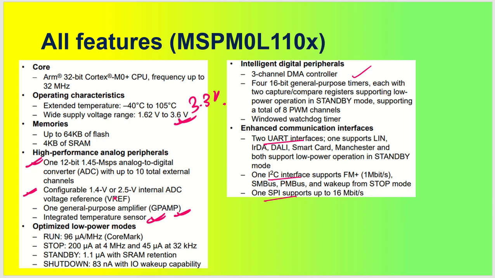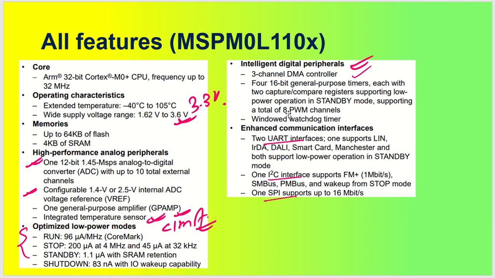If you talk about low power mode, it has just 96 microampere per megahertz in runtime. So it is going to consume less than 1 milliampere of current when your system is running. That's the beauty. In standby mode, it is going to consume just 1.1 microampere. Now if you talk about digital peripherals, we have a DMA controller, 16-bit general purpose timers, a windowed watchdog timer, and 8 PWM channels.